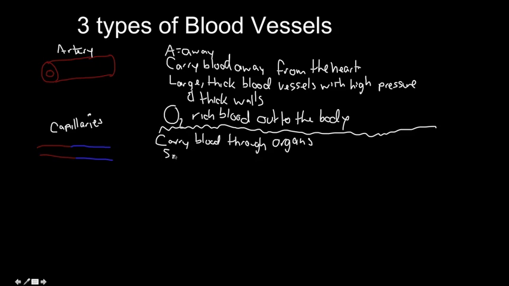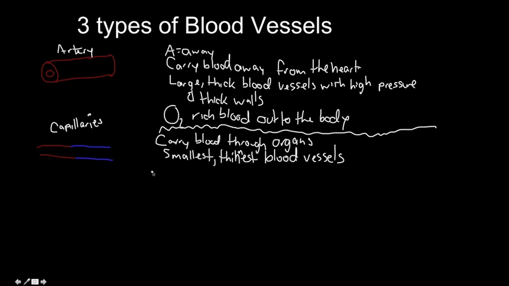And these are the smallest, thinnest blood vessels. Okay, and the reason that they have to be the smallest, thinnest blood vessels is because this is where oxygen and carbon dioxide exchange is going to take place.